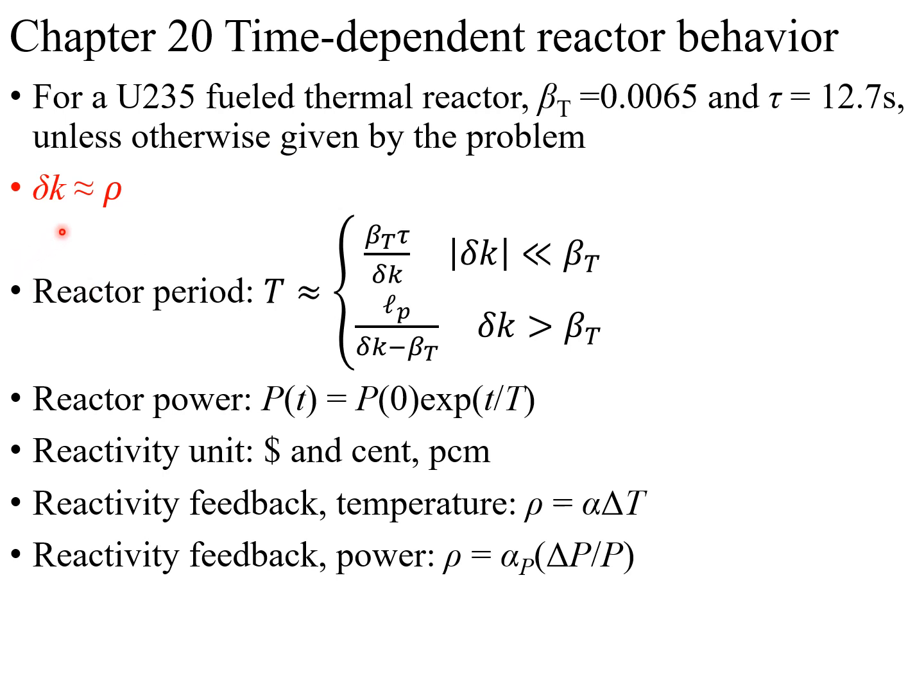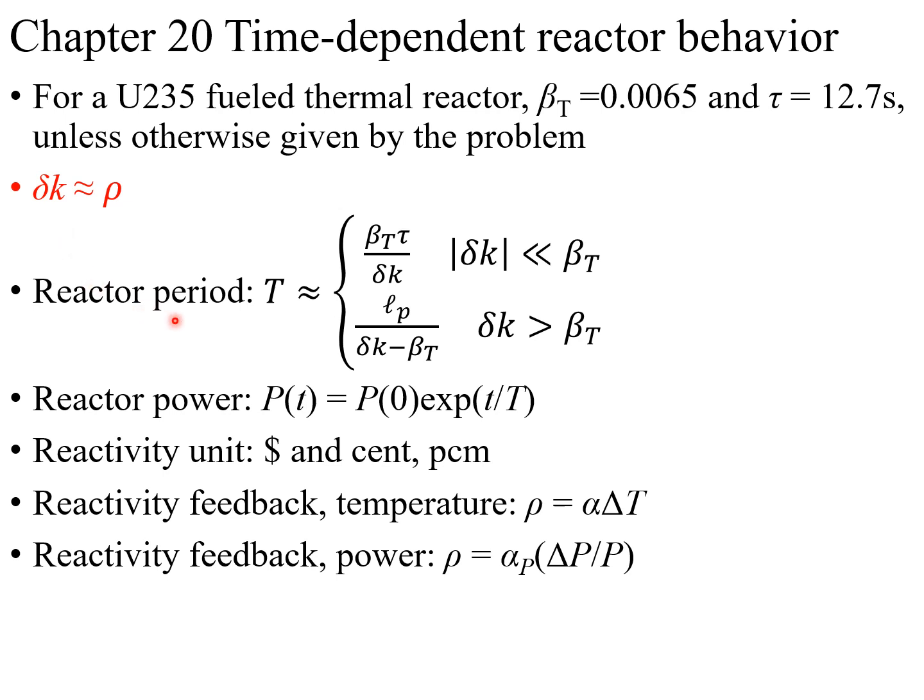We also have the introduced reactivity, which may be expressed as delta K, and may also be expressed as the reactivity rho. For small reactivity insertion, delta K and rho are very close to each other, and in most cases, these two concepts are interchangeable.